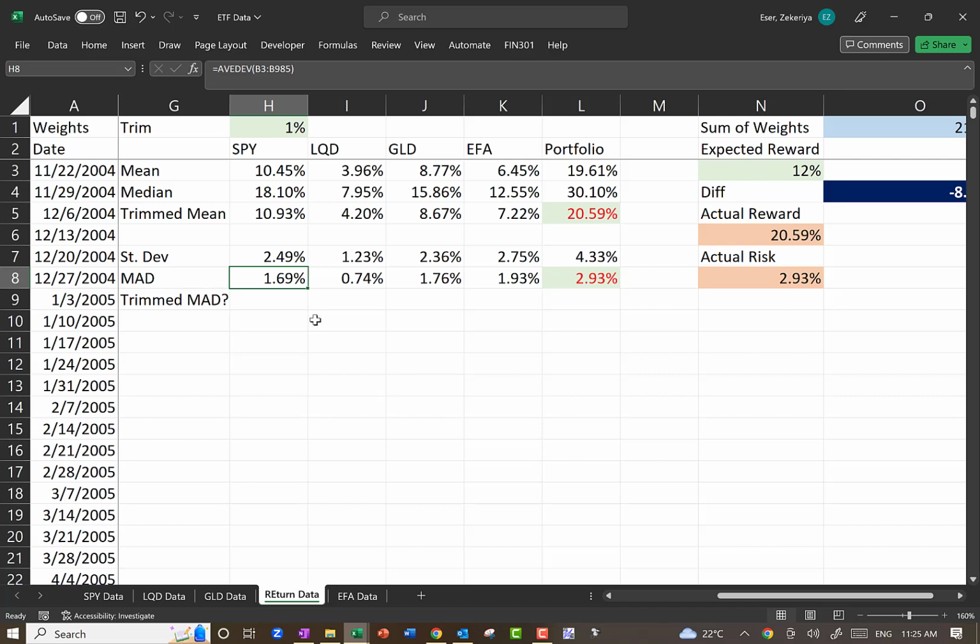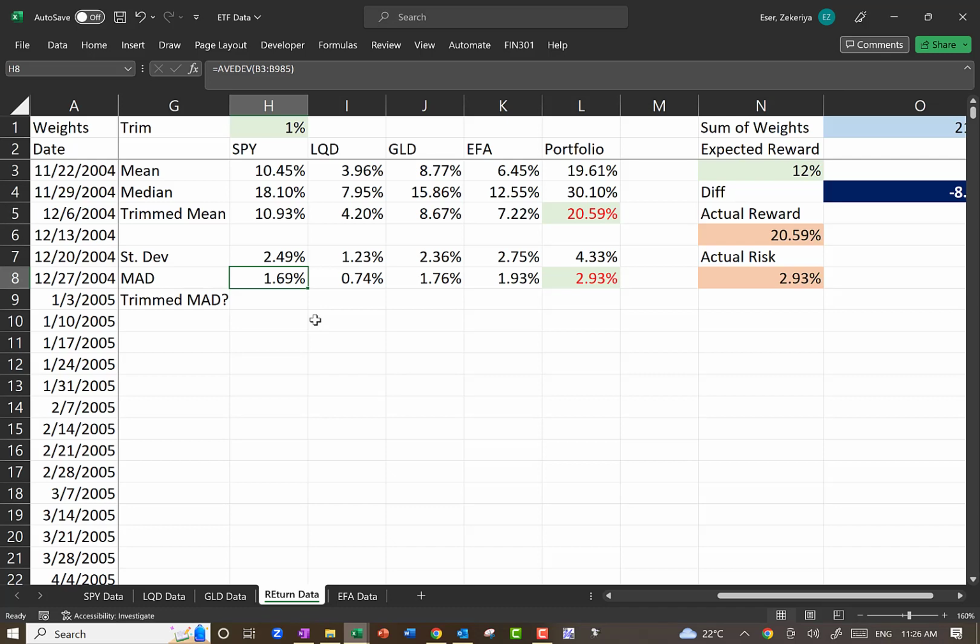Assuming obviously the historical averages are good predictors of what's going to happen in the future. That's always a problem you have with using past data. You assume that the future is going to look like the past. Otherwise, the entire business of forecasting doesn't mean anything.